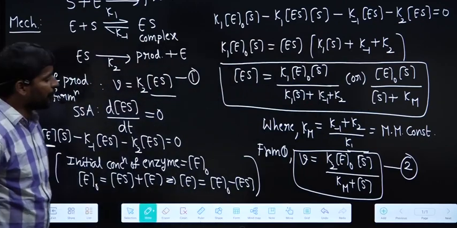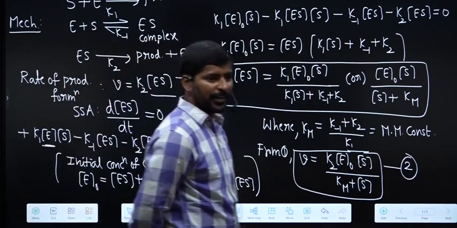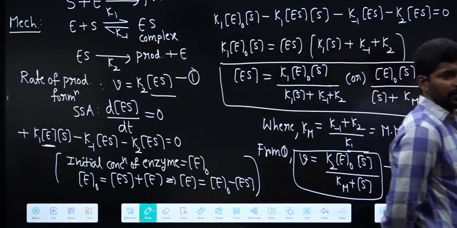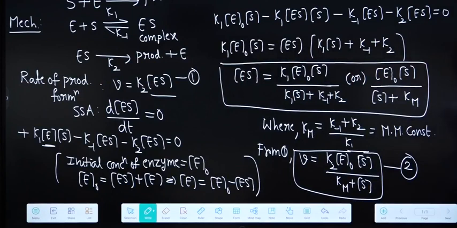Now verify what the kinetics of enzyme catalysis reactions are at high concentration of substrate and at low concentration of substrate.